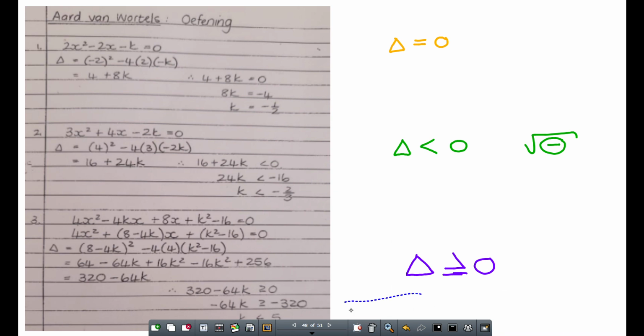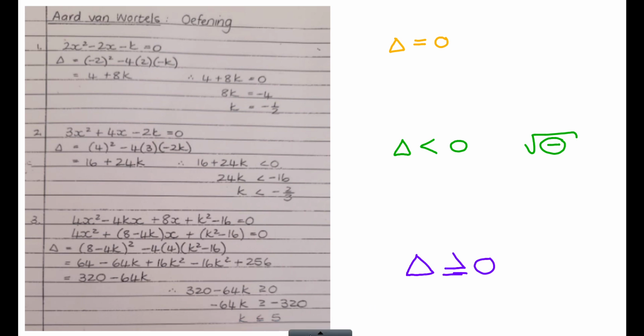So dit is wat hier gebeur. Okay, so dan sê ek daai 320 minus 64k is groter as en gelyk aan 0. Take the 320 over, en nou, baie belangrik, to get rid of this minus 64, I had to divide by minus 64.